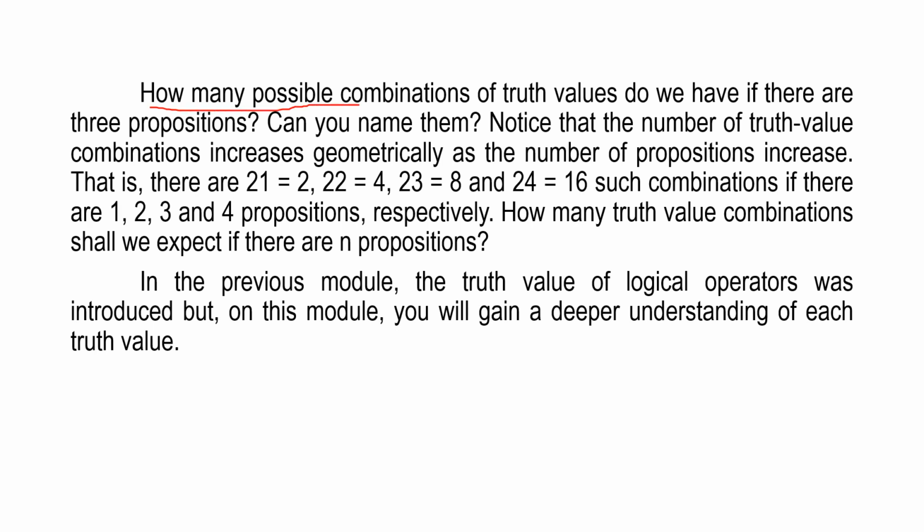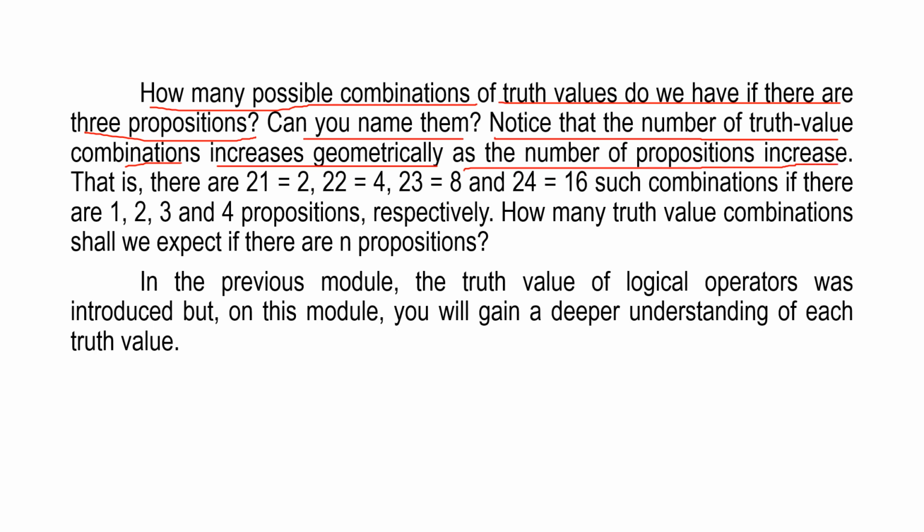So how many possible combinations of truth values do we have if there are three propositions? So we are now asked, no, how many possible combinations of truth values we can get from three propositions? Can you name them? Notice that the number of truth value combinations increases geometrically as the number of propositions increases.